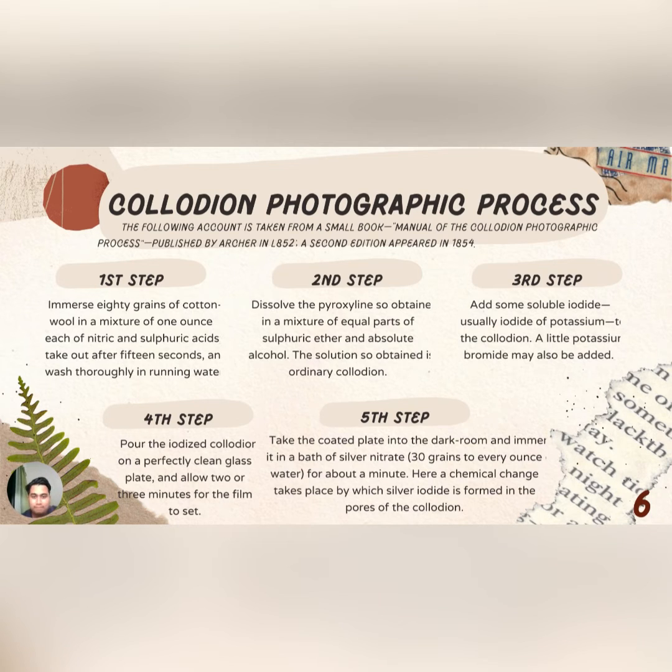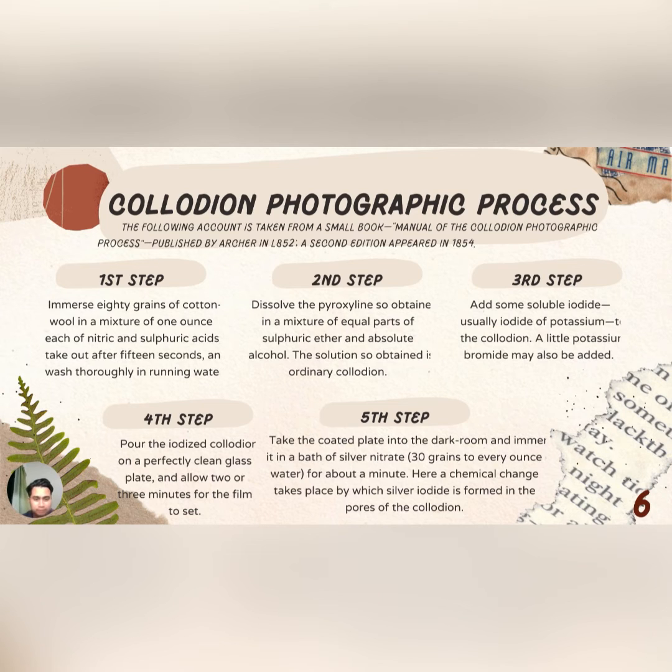Third step: add some soluble iodide, usually iodide of potassium, to the collodion. A little potassium bromide may also be added. Fourth, pour the iodized collodion on a perfectly clean glass plate and allow two or three minutes for the film to set.